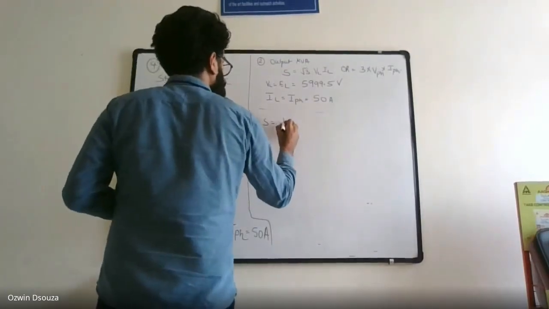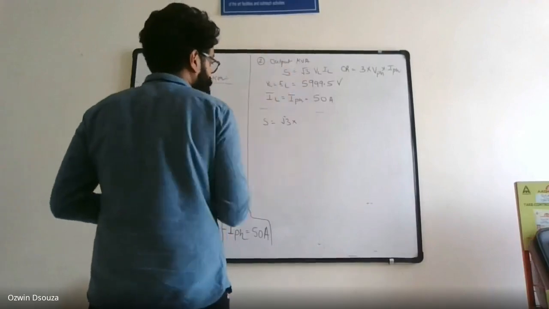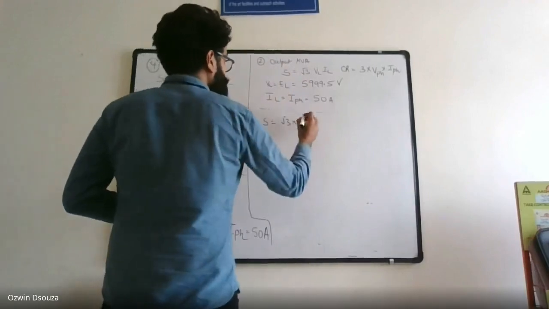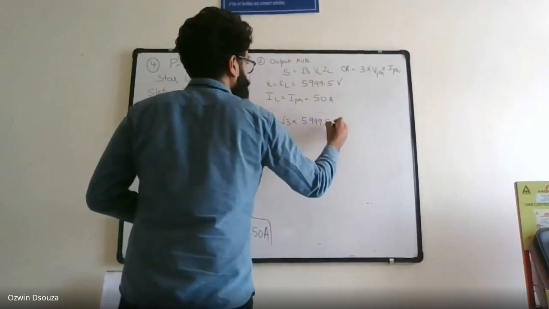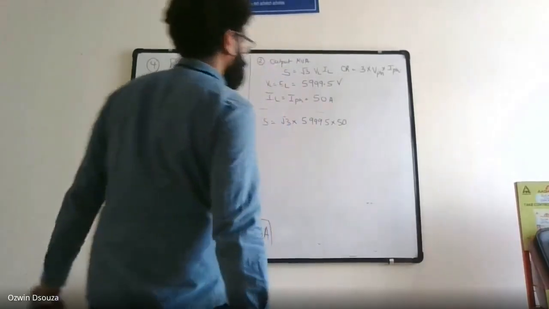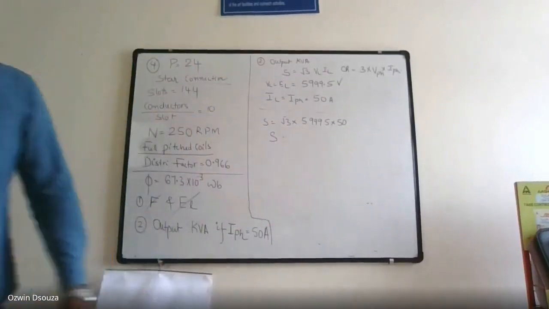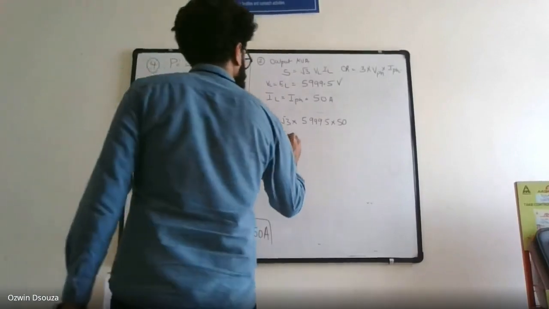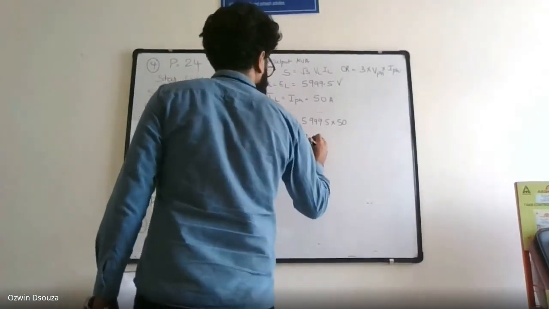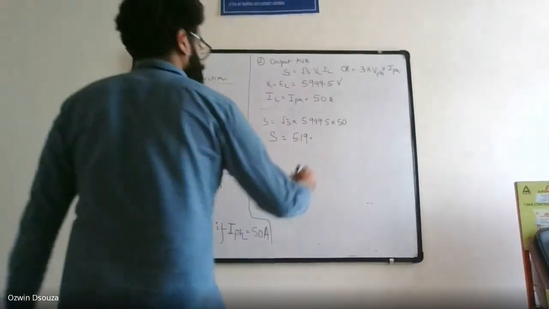You can find S, let's say I'll take the line values. So I need to take the multiplication factor as √3. So it is √3 into 5999.5 into 50. Roughly I will get around 519.5.